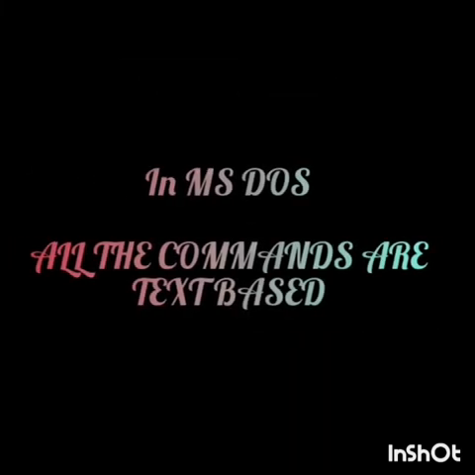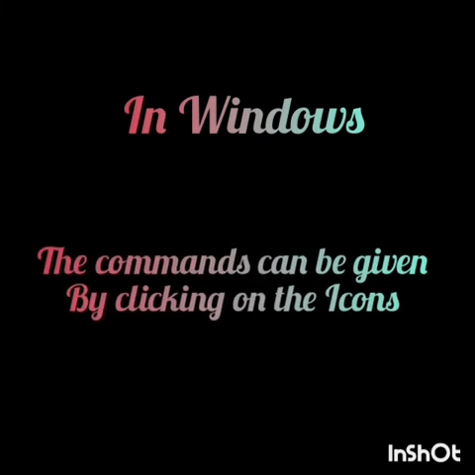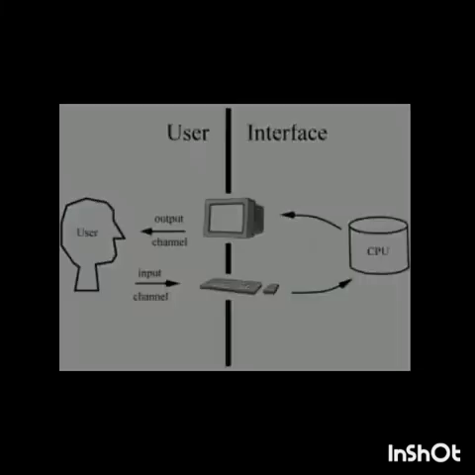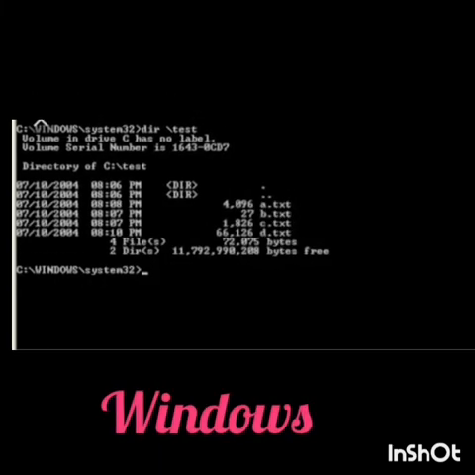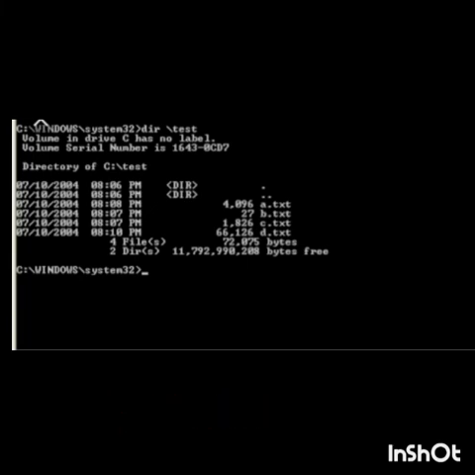In DOS, all the commands are text-based, whereas in Windows, commands can be given by clicking on the icons. In DOS, one needs to remember all the commands, whereas in Windows there are ready-made commands in the form of menus.